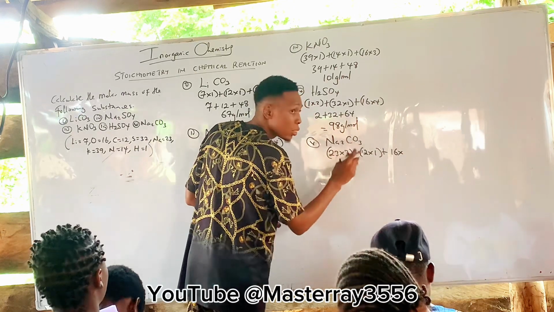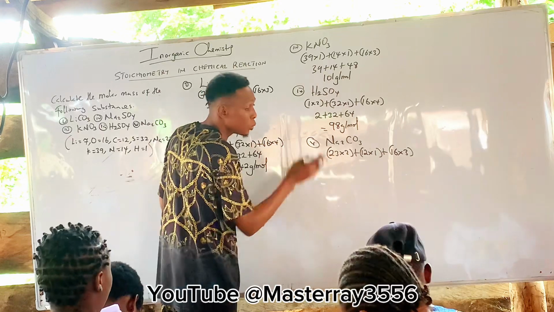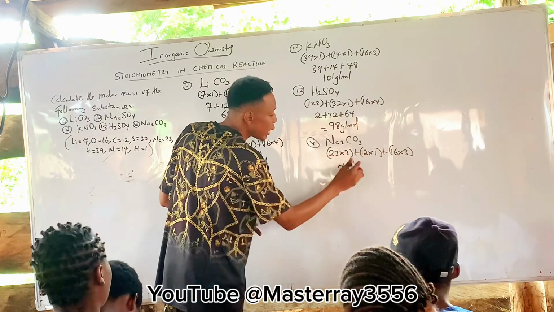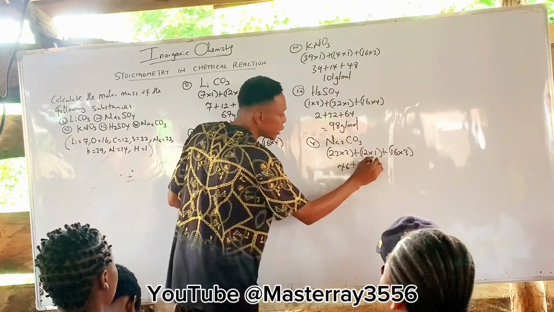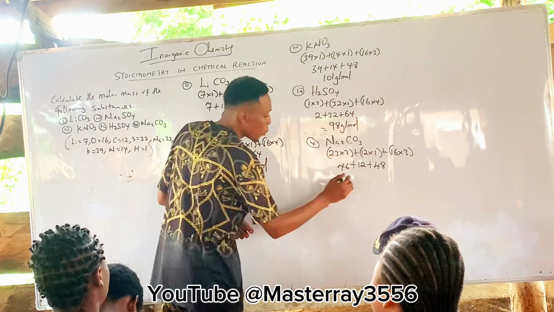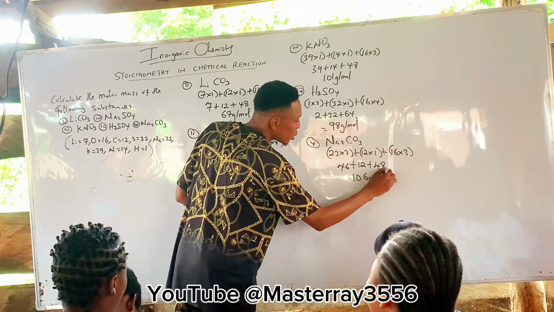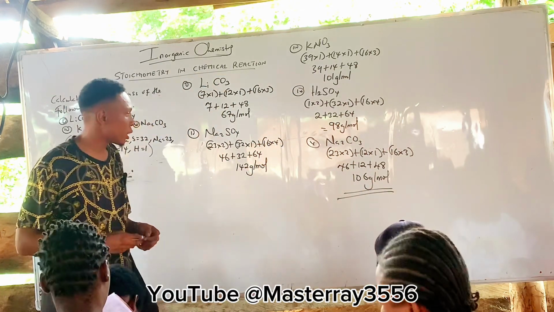How many atoms of oxygen? 3. So 23 times 2, 46. Plus 12 times 1 is 12. Plus 16 times 3, 48. So if you add up everything, we have 106 gram per mole. So that's your final answer.